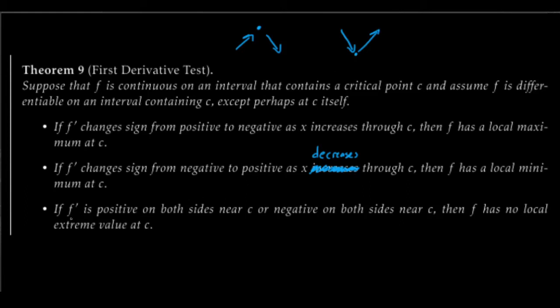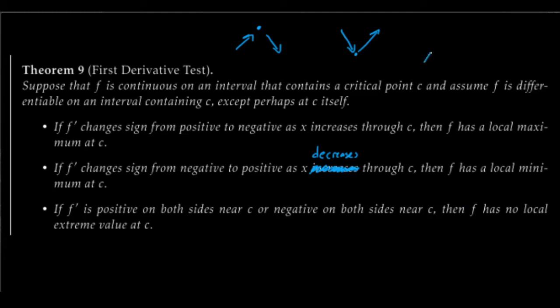All right. Finally, if f prime is positive on both sides of c or negative on both sides of c, then f has no local extreme value at c. This is the type of situation where you basically just take a break for a moment at c. This is like x cubed.